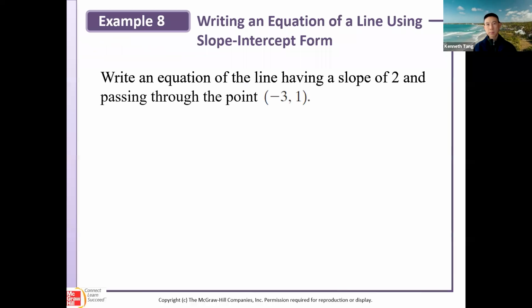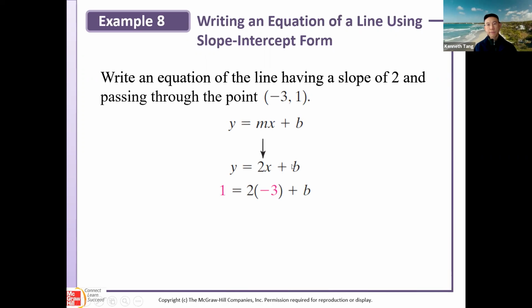So again, they want you to write the equation passing through the point in slope-intercept form. Your slope-intercept form is y equal to mx plus b, and your m equal to 2, and you have to find out what the b is, because the point is not exactly on the y-axis.